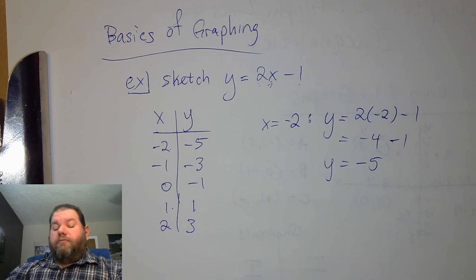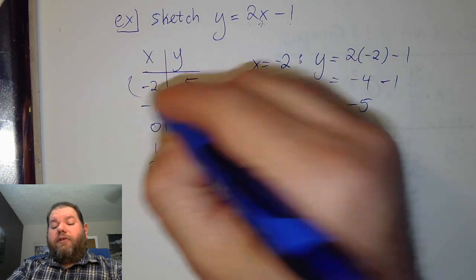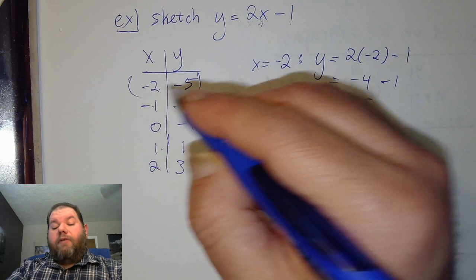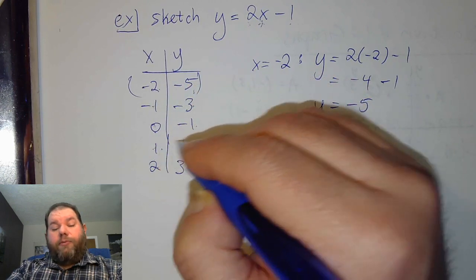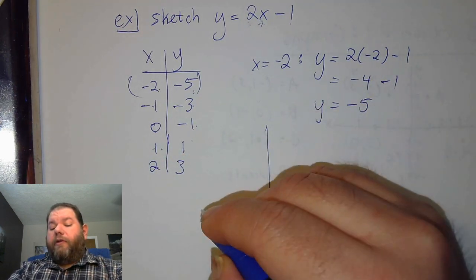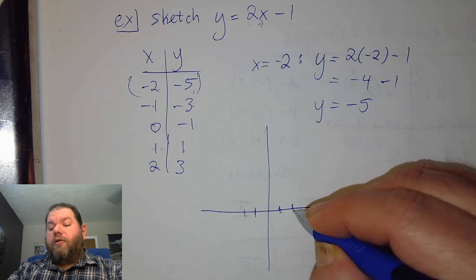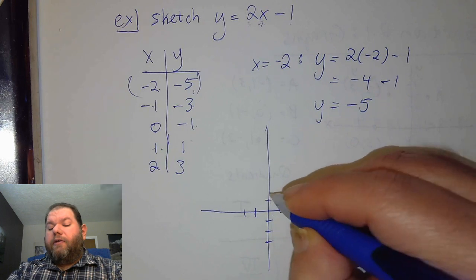Now, we have all these points, so we can consider these like ordered pairs. -2, -5, -1, -3, 0, -1, 1, 1, and 2, 3. So we can go into our graph and plot each of these points.